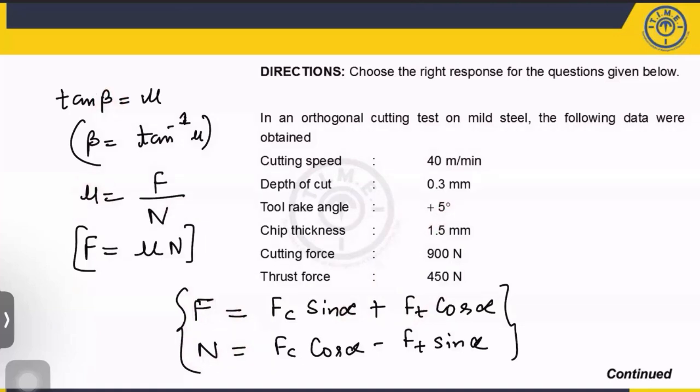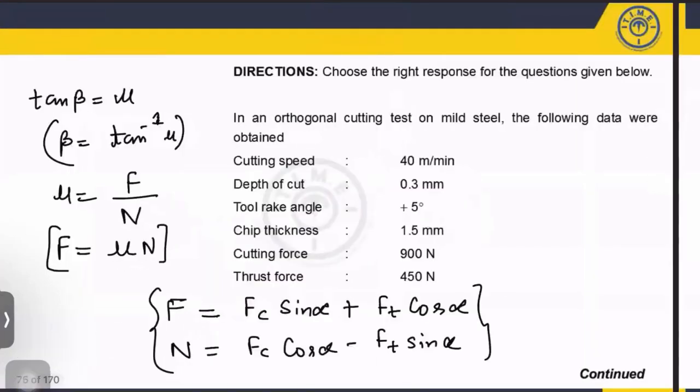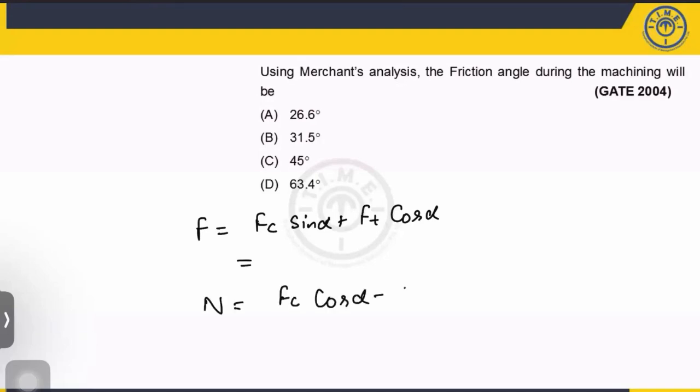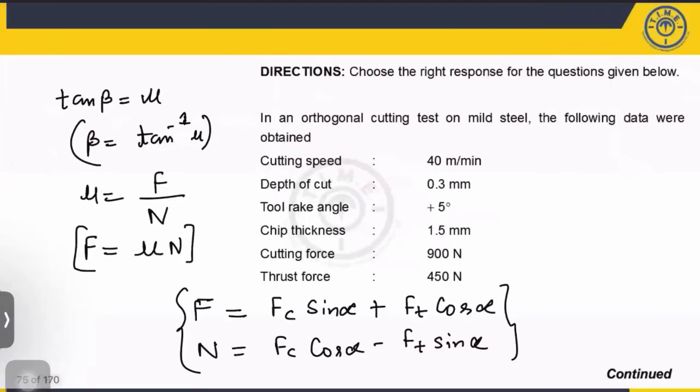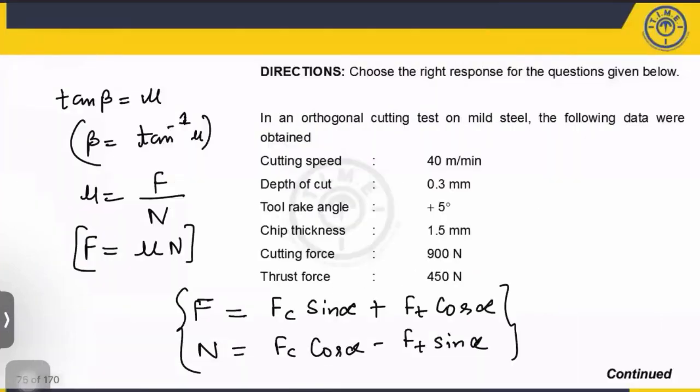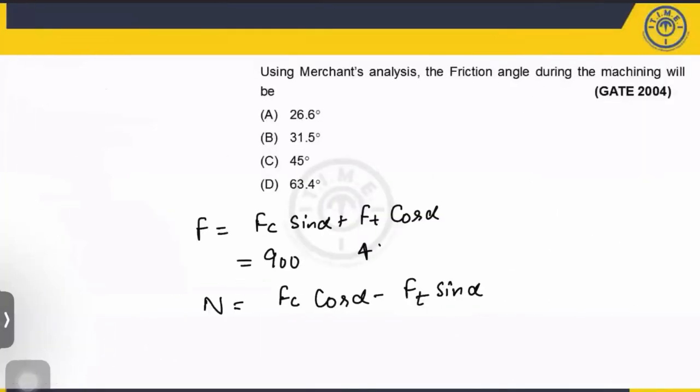Okay. So let me first calculate this value. What is the friction force? Fc sine of alpha plus Ft cos of alpha, and the normal reaction is Fc cos of alpha minus Ft sine of alpha. What is the cutting force? Cutting force is 900, and thrust force is 450.